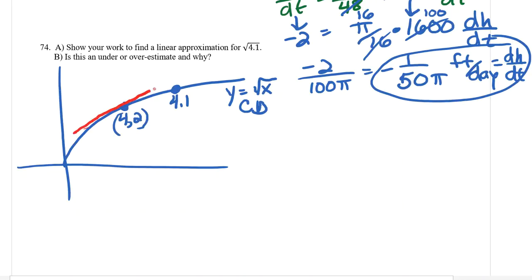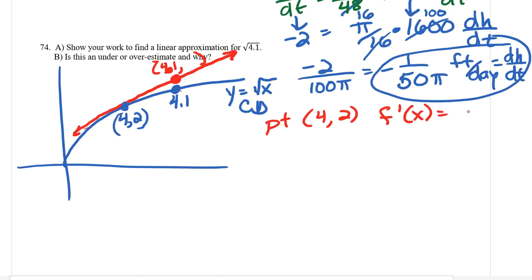So the idea of linear approximation is that we find the equation of a tangent line, and we put 4.1 into the tangent equation because it will be a very close approximation of the point that we're actually looking for. So our point of tangency is going to be (4, 2), and then we need our derivative to get the slope of that tangent line.